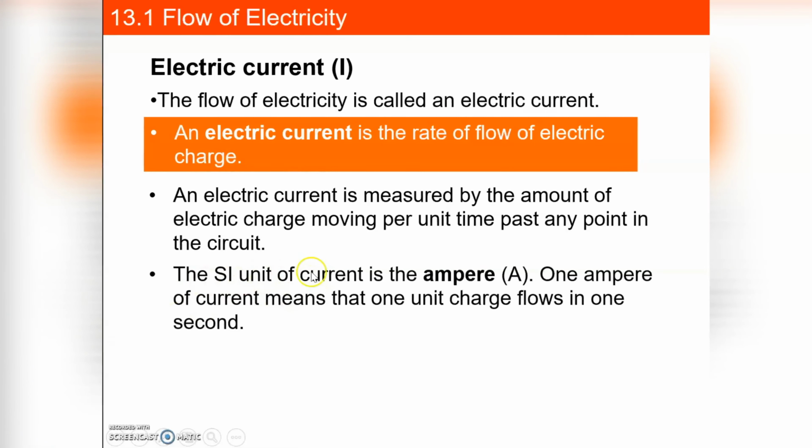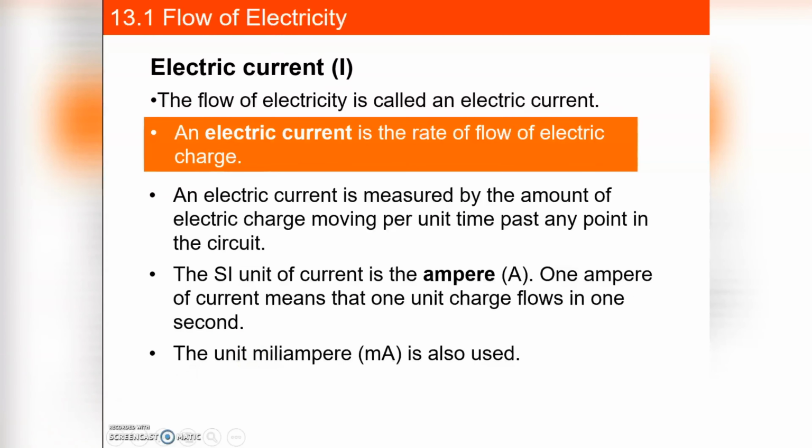The SI unit for current is the ampere. We represent it with the capital letter A. 1 ampere of current means that you have 1 unit of electric charge that flows in 1 second. So 1 ampere means 1 unit charge per unit time, so in 1 second.